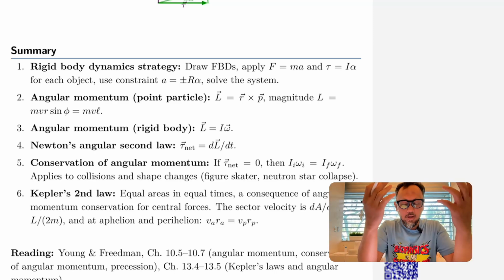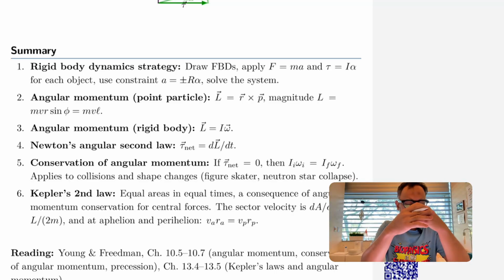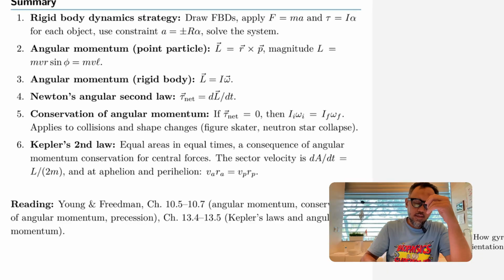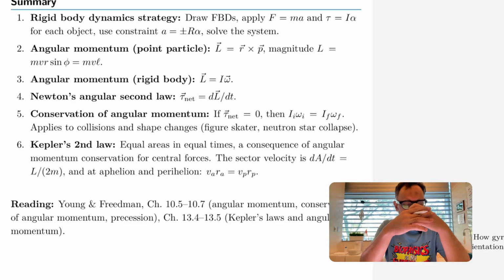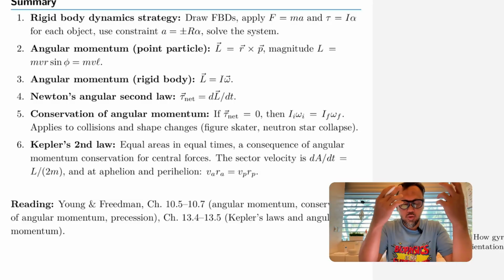And then we talked about angular momentum being r cross p. For angular momentum of a rigid body, it is moment of inertia times angular speed, or angular velocity. And then the change of the angular momentum is equal to torque.